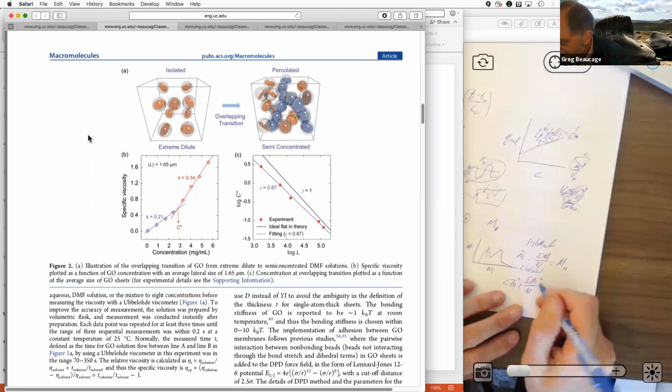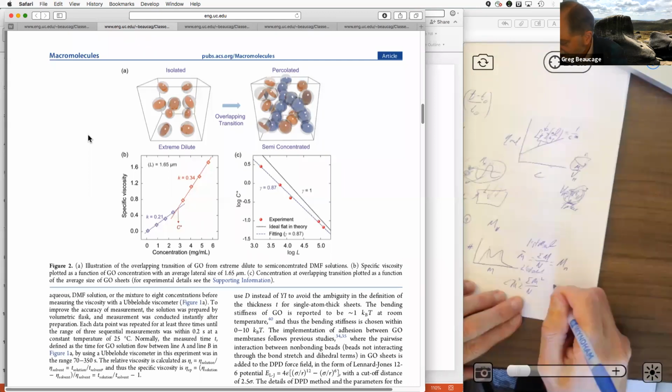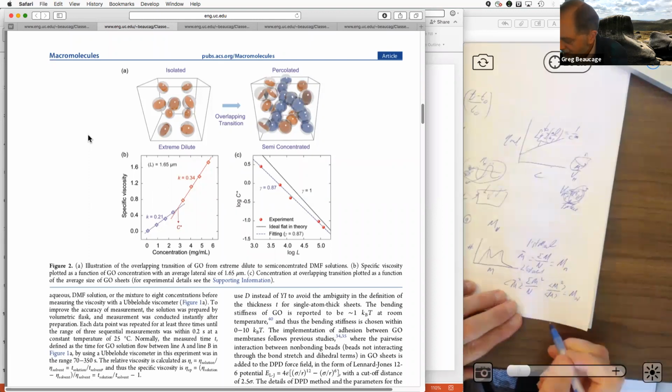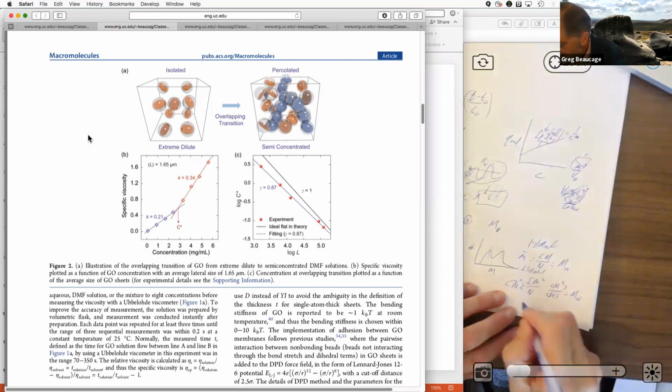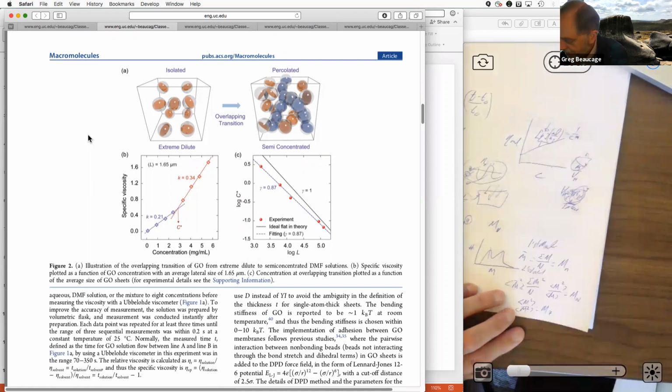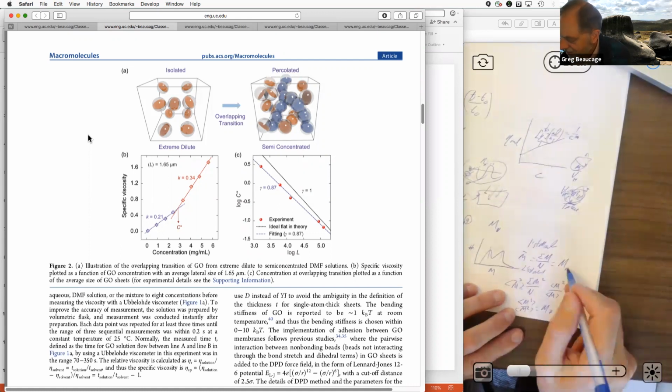So you take the second moment and divide it by the first moment, and that gives you Mw, the weight average molecular weight. And then there's also a z average, which is the third over the second, that's Mz. So you can get different molecular weights for polymers.